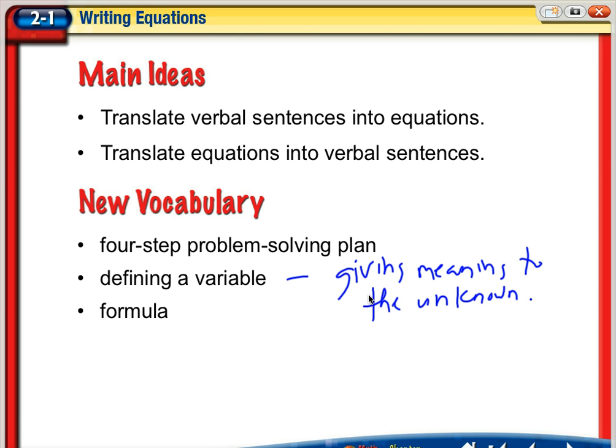Very good. But technically, can we simply put a formula as just a rule describing a relationship of certain variables? If we can shorten that a bit, a formula is nothing but a rule. We have rules for everything, don't we? We have a rule to find the area of a rectangle, of a trapezoid, of a circle, perimeter, such and such.